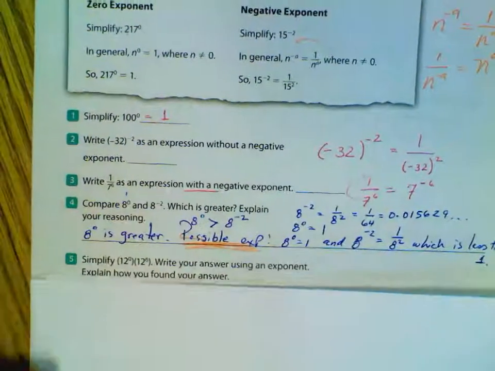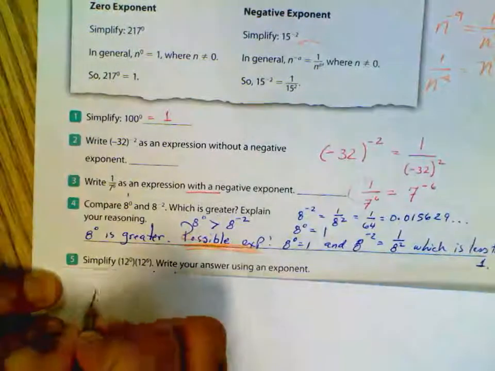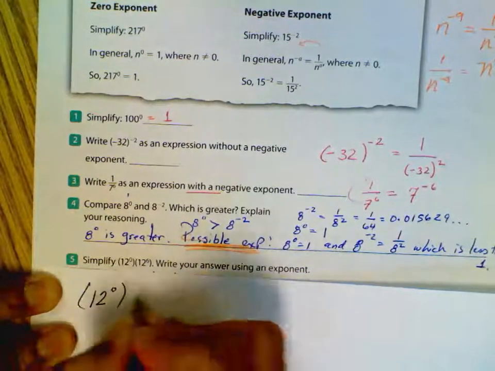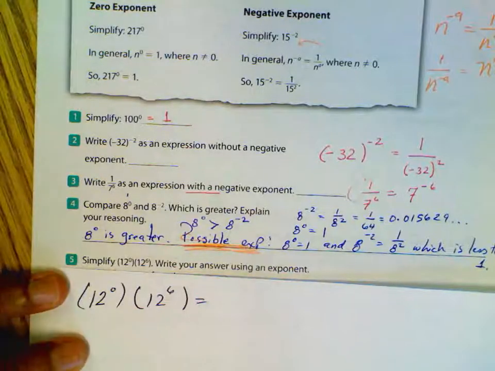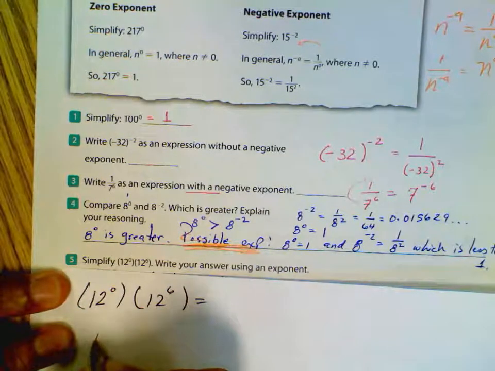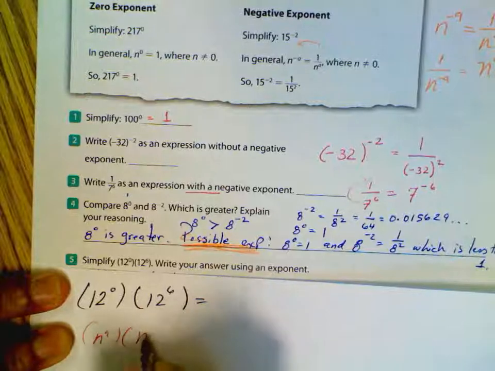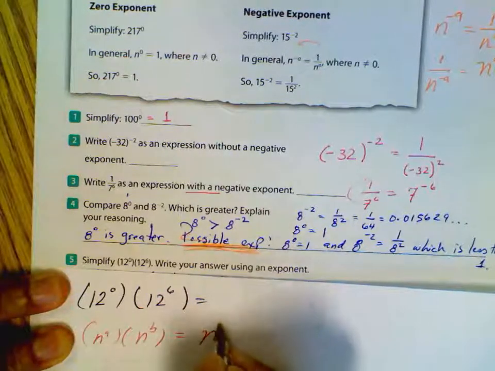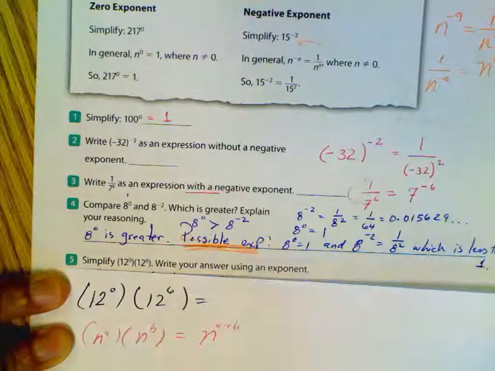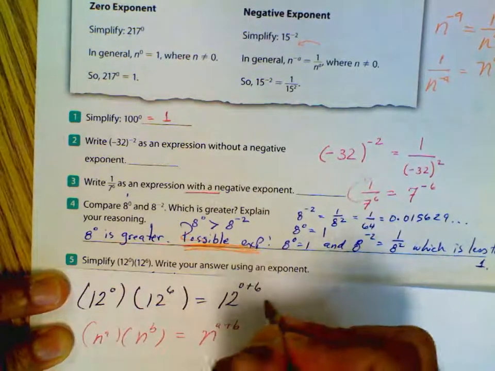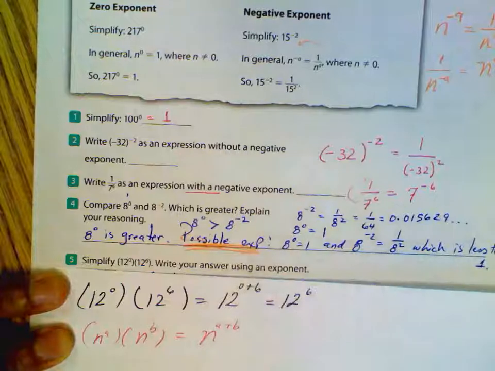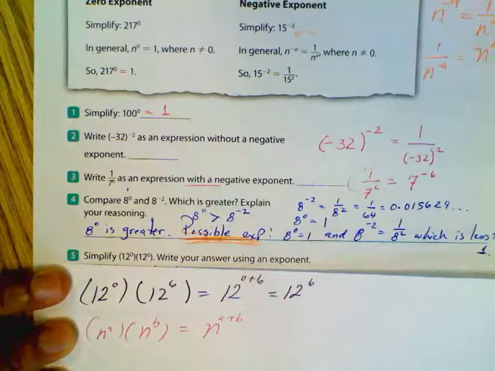I have 12 to the 0 times 12 to the 6. If I use the property n to the a times n to the b equals n to the a plus b, this will be 12 to the 0 plus 6, which equals 12 to the 6. That would be one way.